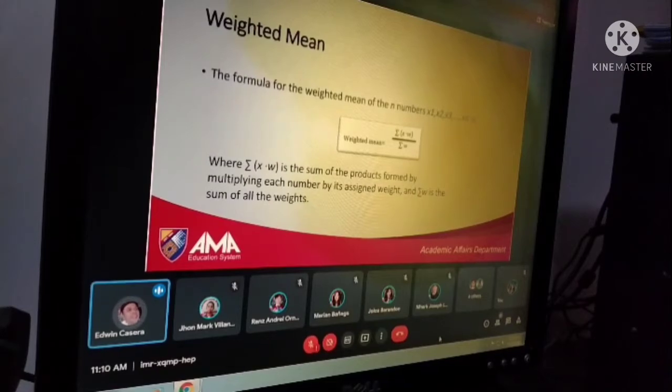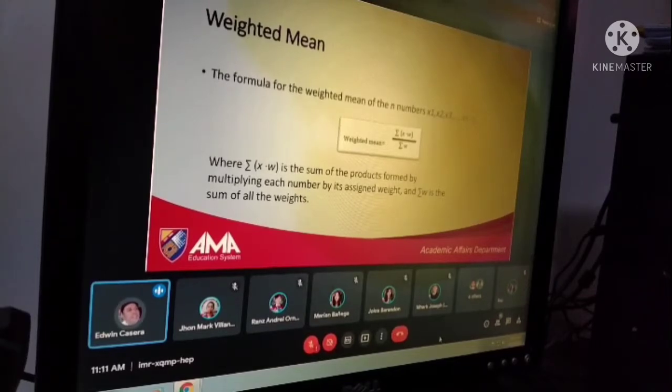So the summation of x multiplied by the weight is the sum of the products formed by multiplying each number by its assigned weight, and summation of w is the sum of all the weights that we have in the given data. Sa data pa rin po kinukuha yan, no?